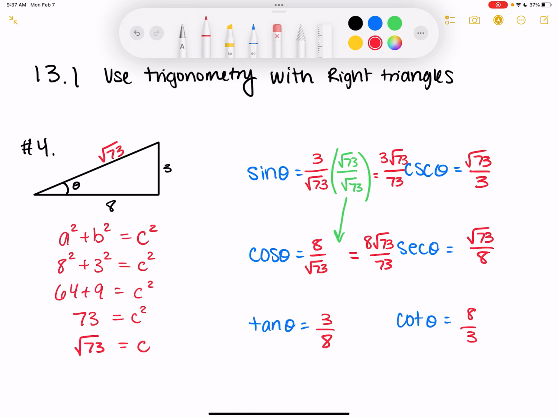If sine was initially flipped, the square root of 73 over 3, then when you flip it, you'd have to do the process we did over here. But if there's a radical in the bottom of sine, cosine, or tangent, when you flip them, it's going to be on the top. You don't have to worry about it.